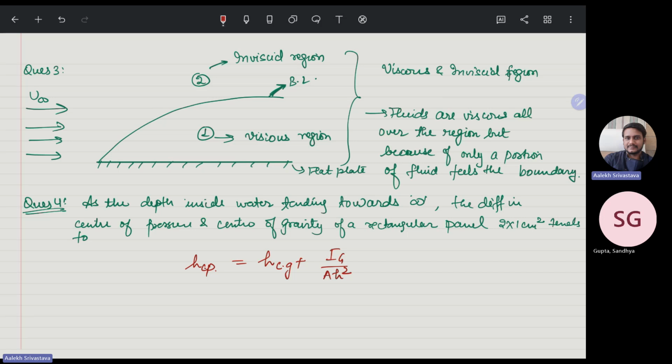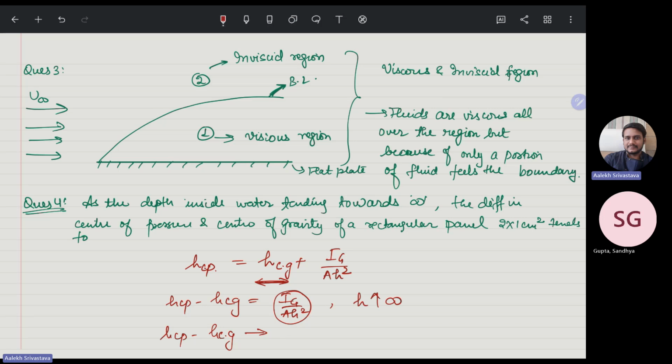So here it says that as this value is tending towards infinity, so you know that SCP minus SCG is equal to Ig upon Ah square, and as h tending towards infinity, this value is very small. Therefore, SCP minus SCG, that means difference in center of gravity and center of pressure tends towards zero.